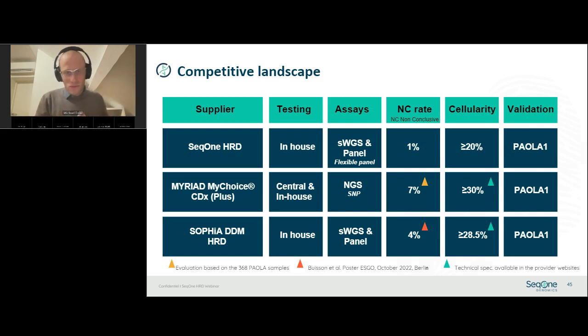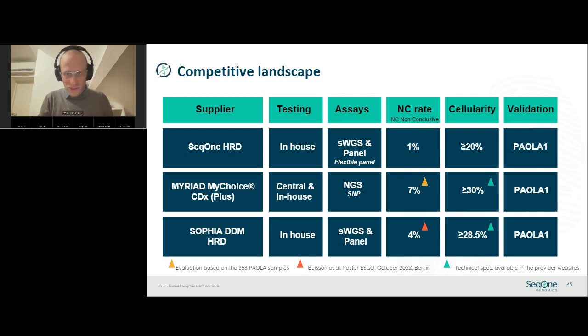The fact that we can handle low cellularity explains why we have a small non-conclusive rate, 1% for SeqOne, whereas it's 4 or 7% for the other solutions. And all of these solutions, Myriad, SOPHIA, and SeqOne, now have a decentralized solution, which is convenient for biology and pathology labs.